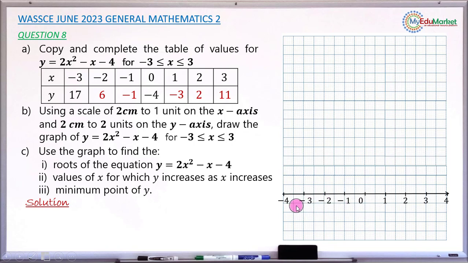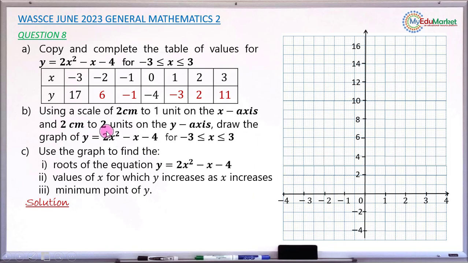This is my x-axis, for which I used the scale given. It says 2 centimeters to 1 unit. So from 0 to 1 is 2 centimeters, and from 1 to the next unit is 2 centimeters. Each unit is represented by 2 cm. I'll now draw my vertical axis, the y-axis, passing through this 0 on the x-axis, and number it using the scale given.